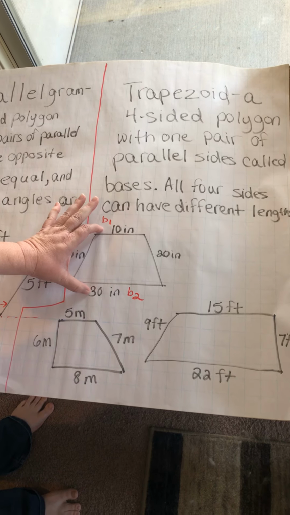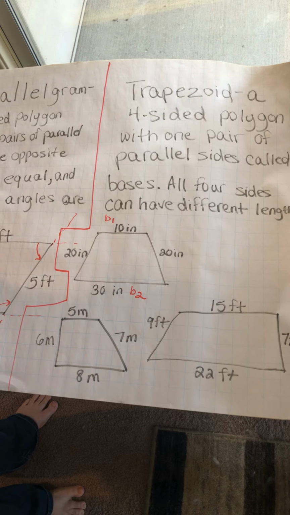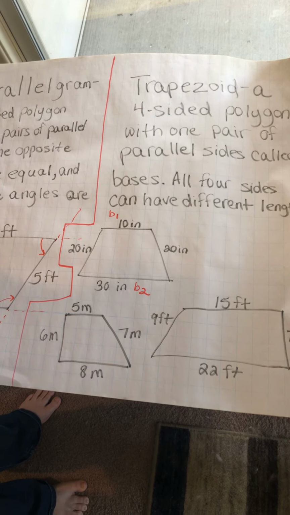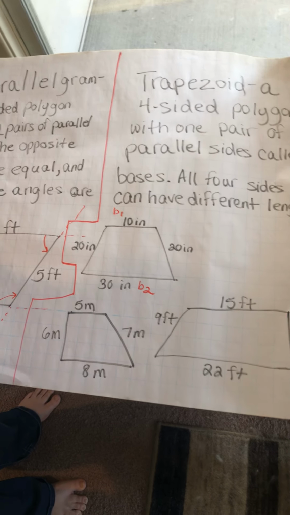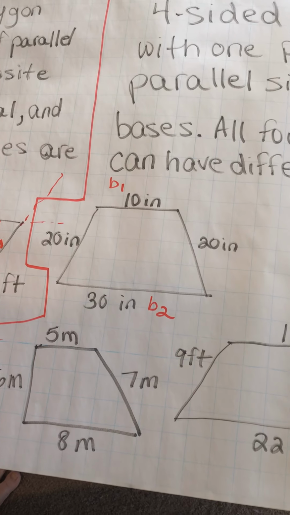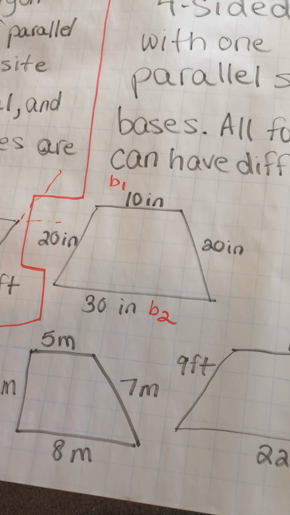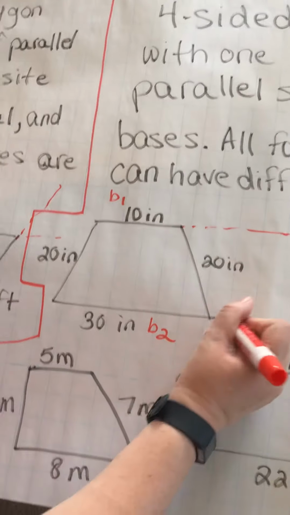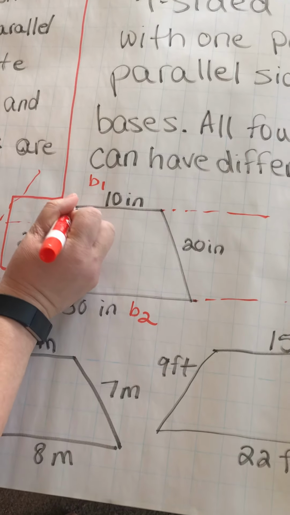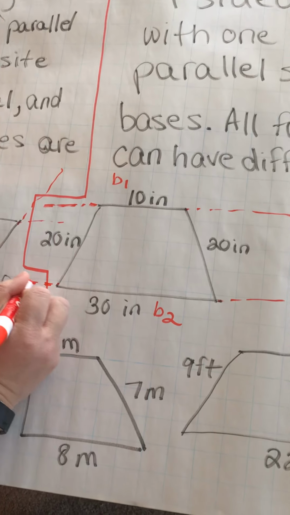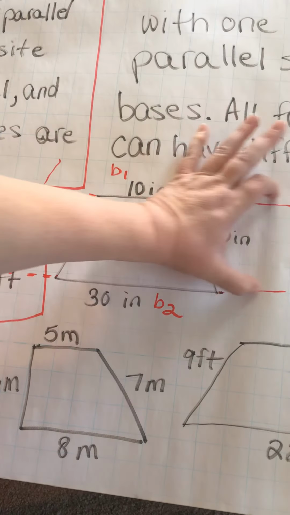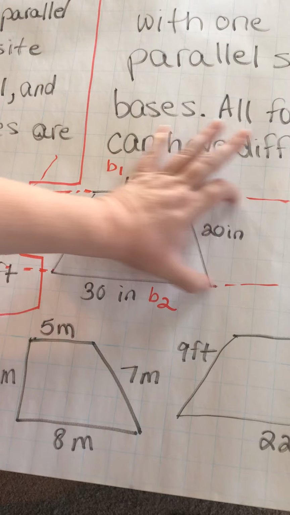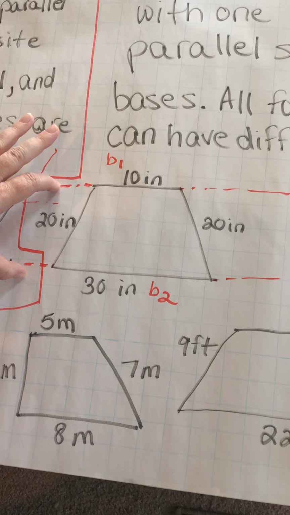When you look at this, why is that true? We'll try this out and see which side is the one that's a parallel side. Well, if you said this side right here, going out like this, right here would be your one pair of parallel sides on a trapezoid.